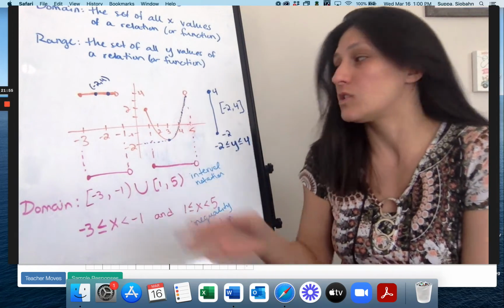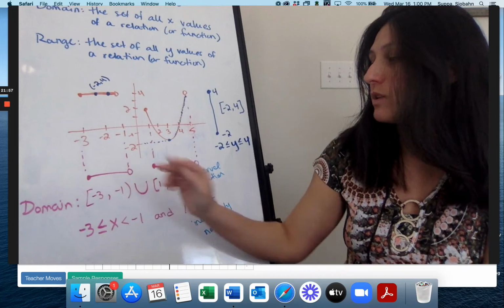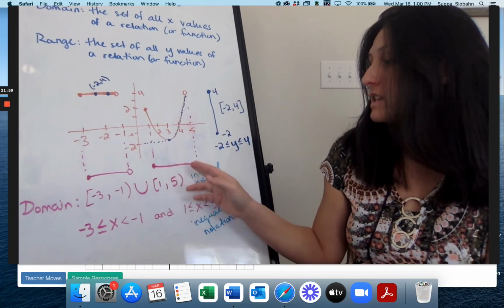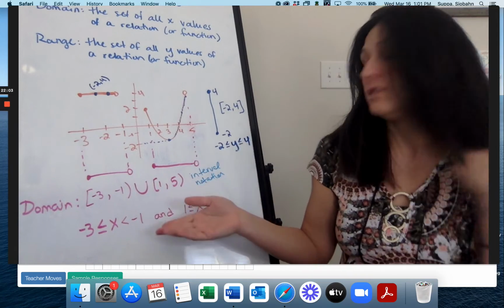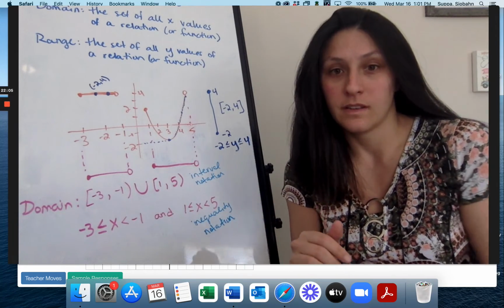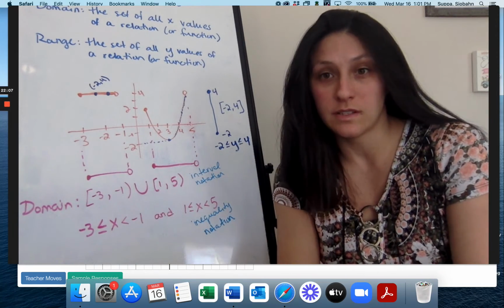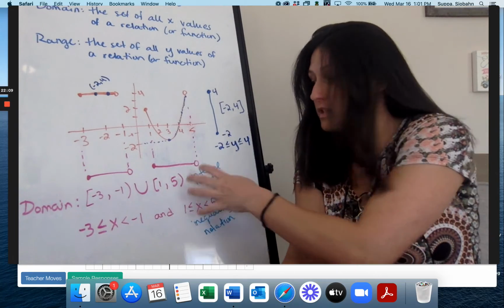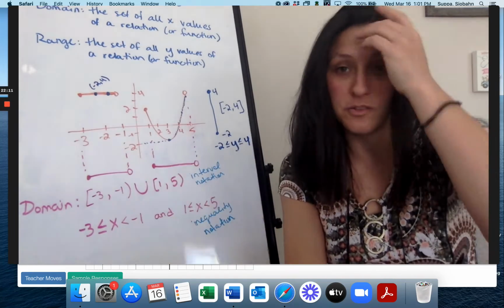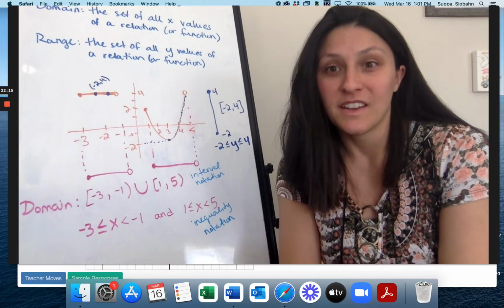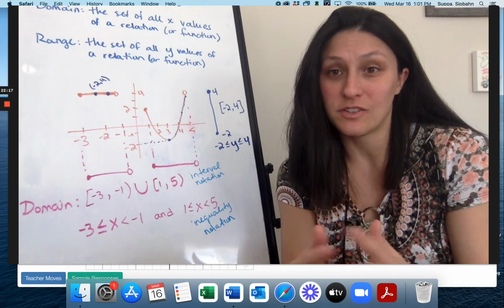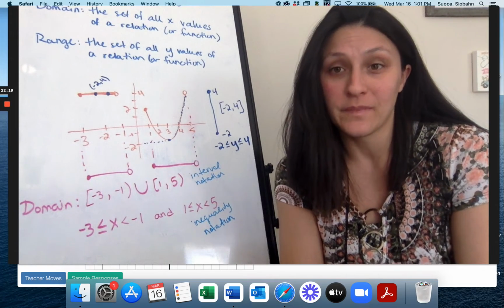Just put it's all the X values in between -3 and -1 and all the X values in between 1 and 5. That is the same thing as what we just wrote here using mathematical notation. So feel free to put those in your notes. That way you can check to make sure that the notation you're saying here is really what you mean to be saying when you explain what that means in English. As usual, if you have any questions, don't hesitate to reach out.